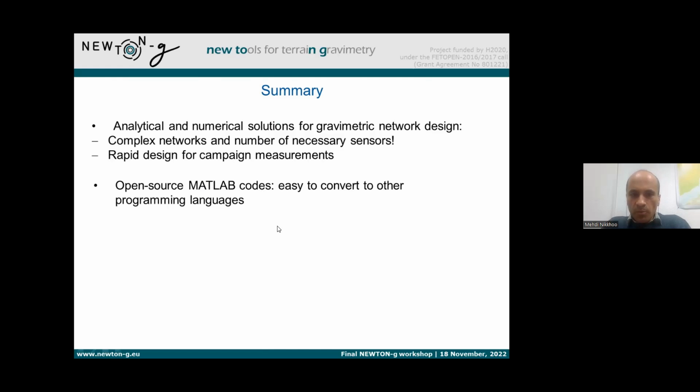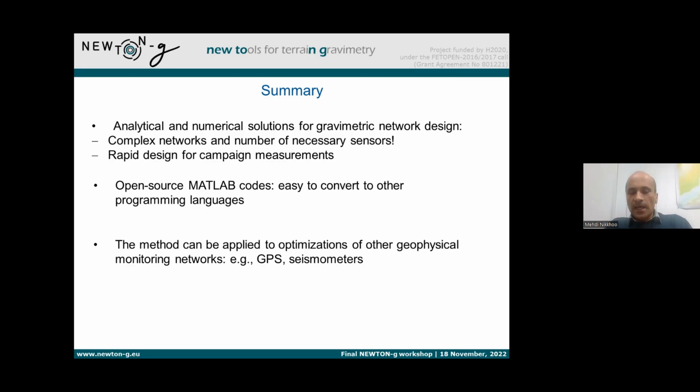We have developed open source MATLAB codes for this purpose, and these codes are simple and can be easily converted to other programming languages. And the method can also be applied to optimization of other geophysical monitoring networks, such as GPS networks and seismometers.